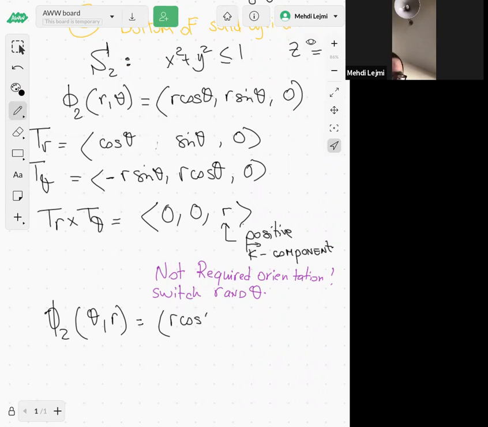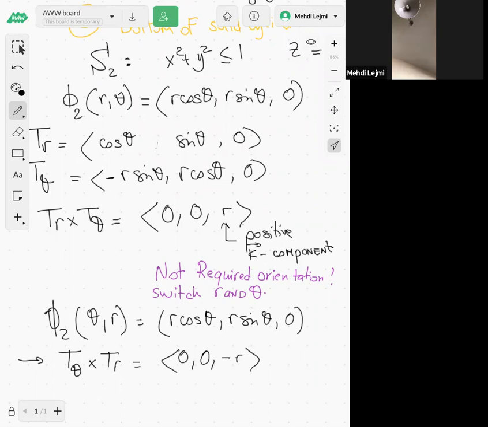Okay, r cosine of theta, r sine of theta, and the same thing here. But because you change the order of the variables, when you do the derivative with respect to theta, then r, that will actually be 0, 0, minus r.